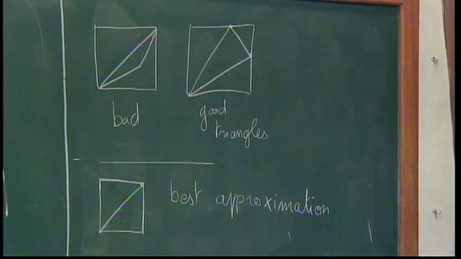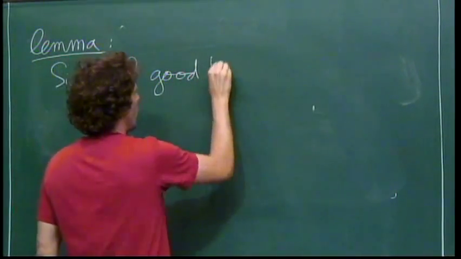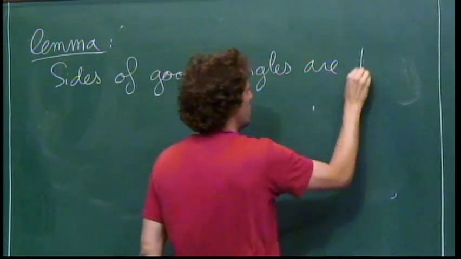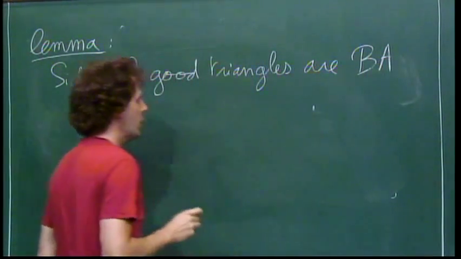So this is just a small lemma. So sides of good triangles are, let me call BA for best approximation.